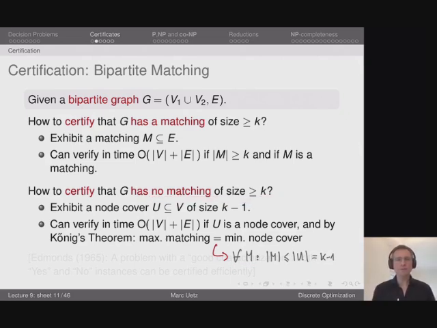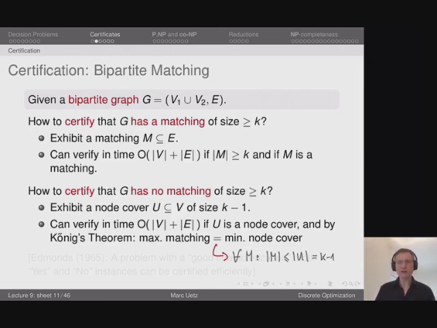So the matching problem for bipartite graphs, or more precisely, the decision problem, does there exist a matching of a certain size K in a bipartite graph, has these two very nice properties. That is, for yes instances, there exists a certificate that can be verified efficiently in polynomial time, and for no instances, there also exists a certificate which can also be verified in polynomial time.